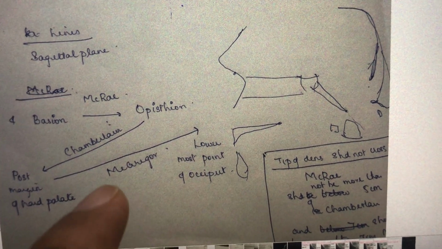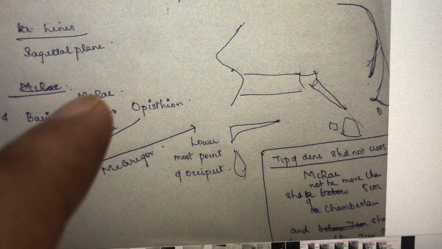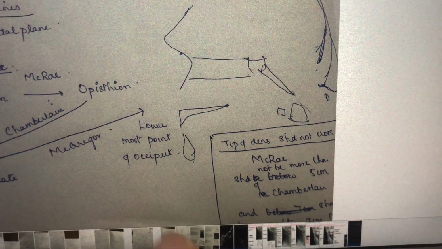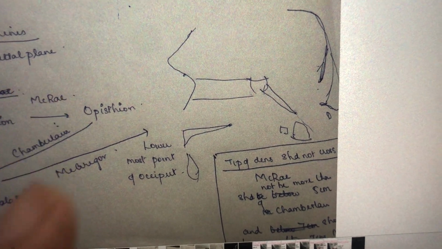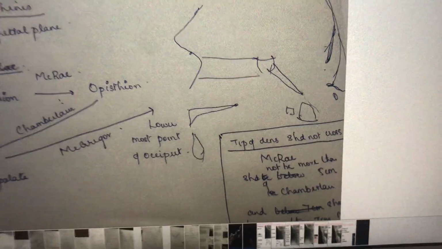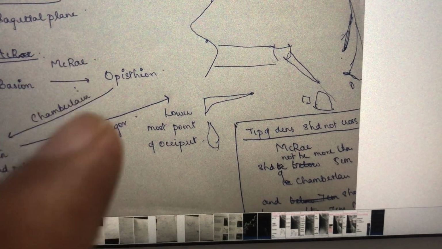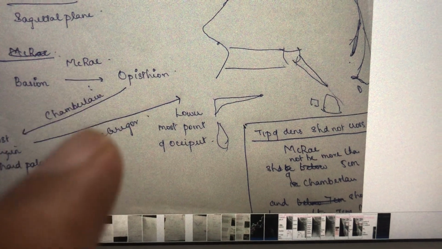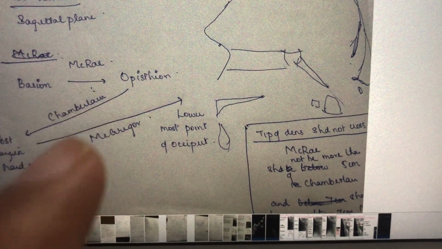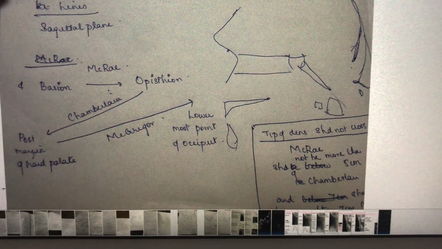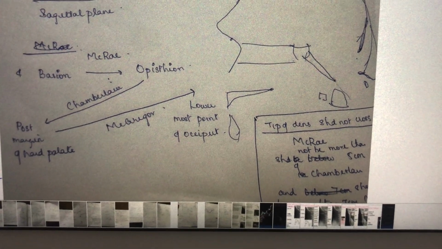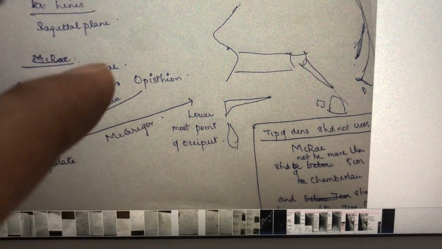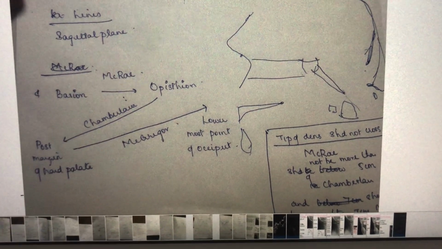So remember, the dens lies like this up to McRae's line. The tip of the dens should not cross McRae's line. If it is crossing, it means there is basilar invagination, and definitely it will be crossing Chamberlain's line or just touching it. The dens above Chamberlain's line should not be more than 5 centimeters, and McGregor's line, since it is lower, the dens above it should not be more than 7 centimeters.